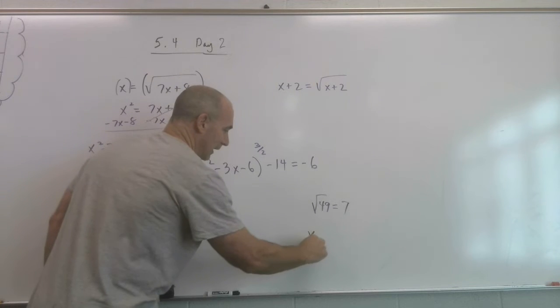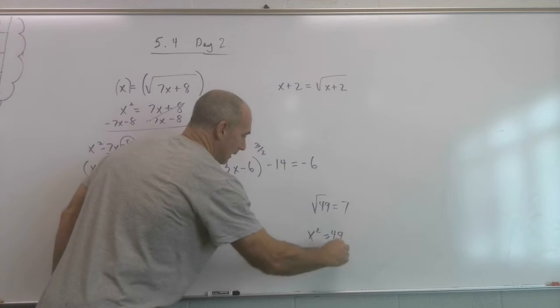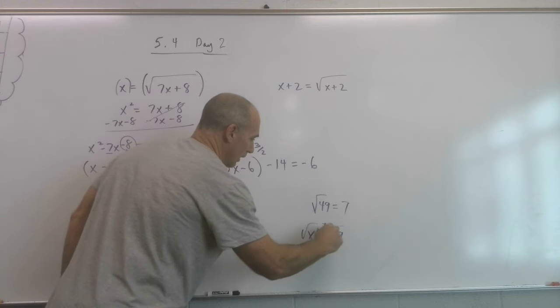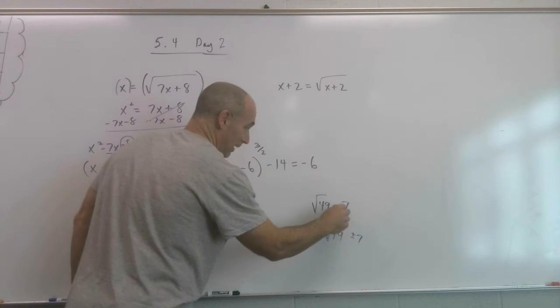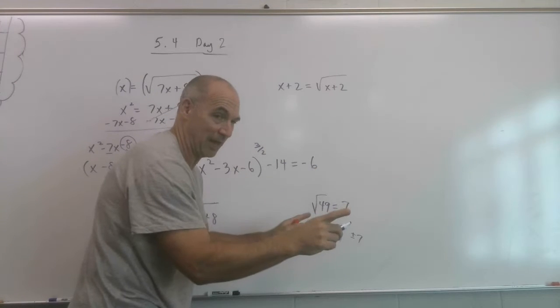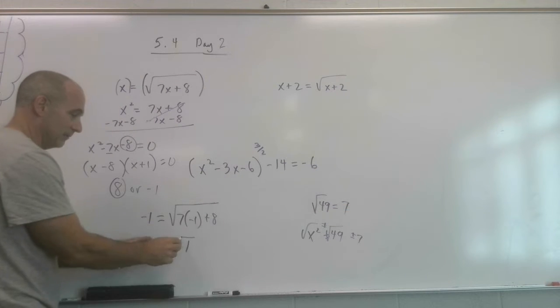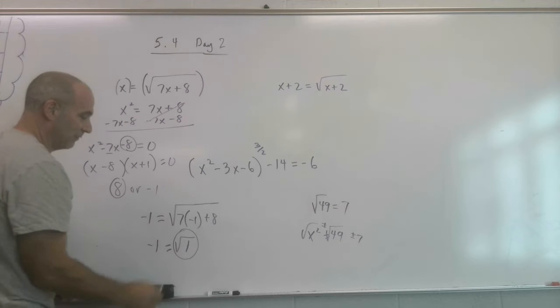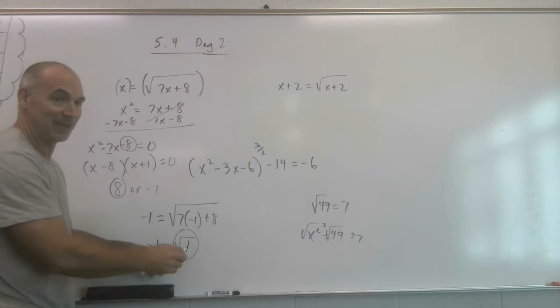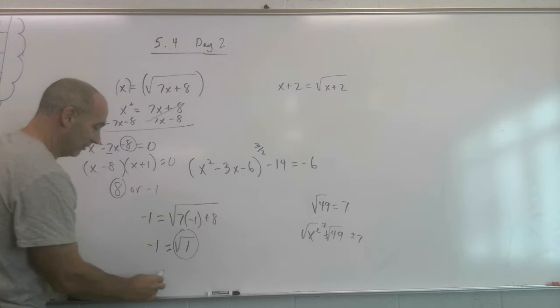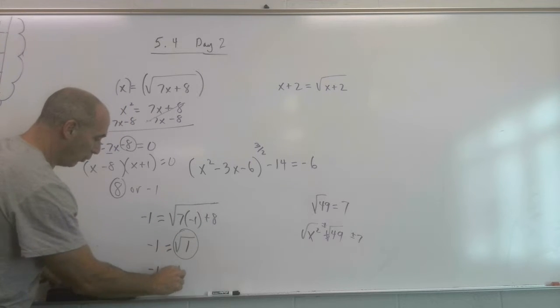But if I said x squared equals 49, and I did the right thing, it's actually plus or minus 7. So really, this is plus or minus 7. Here's the rule that math has: when you plug these in, you only think of the positive root. So the square root of 1 in this case is only 1. So this is saying negative 1 equals 1.